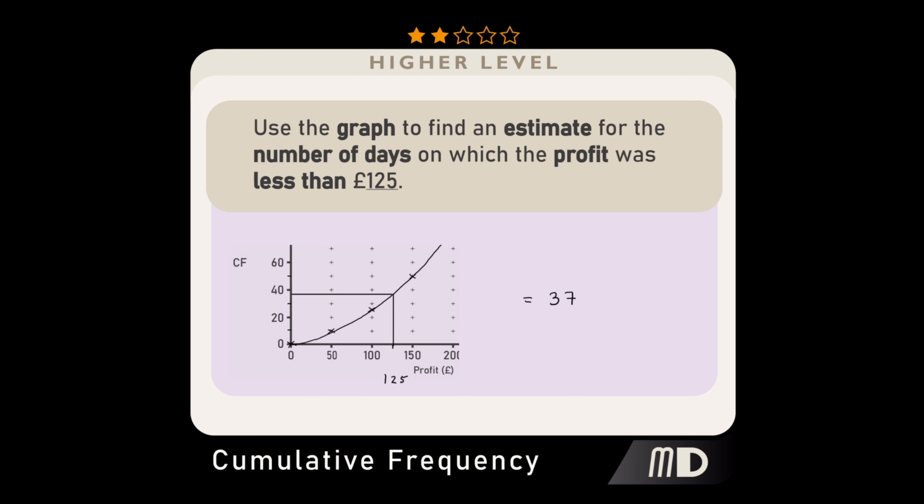For this question, an answer between 35 and 39 is considered acceptable. So, our estimate of the number of days when the profit was less than £125, and the answer to this part of the question, is 37.